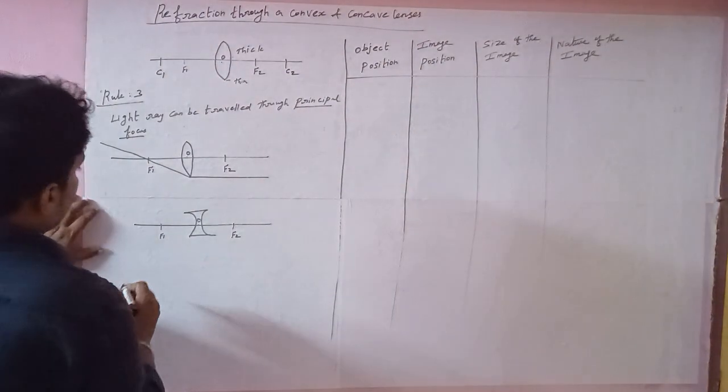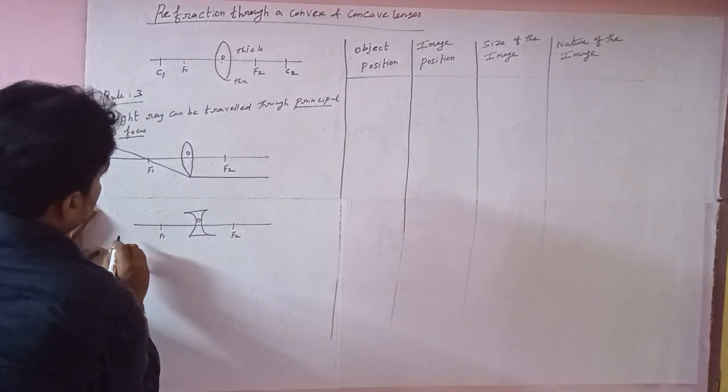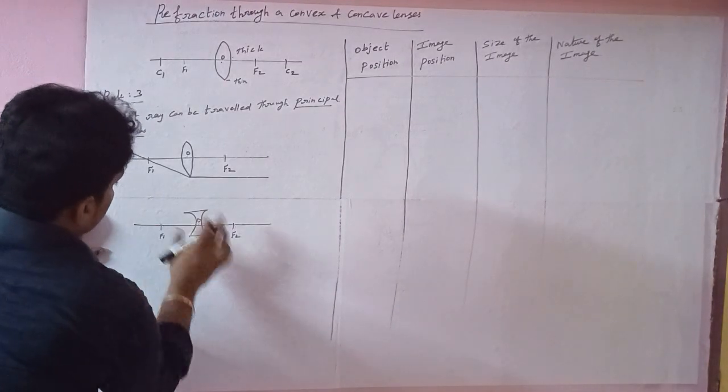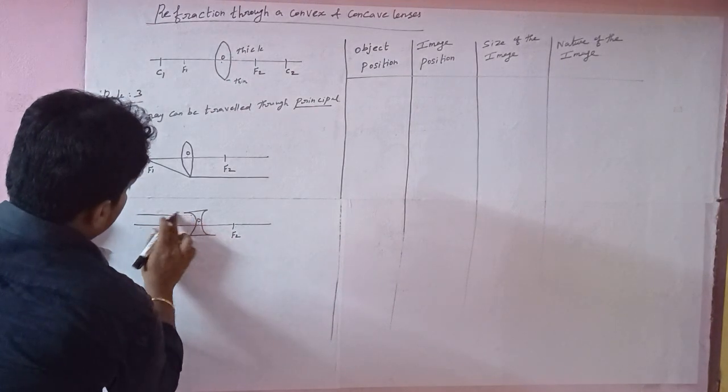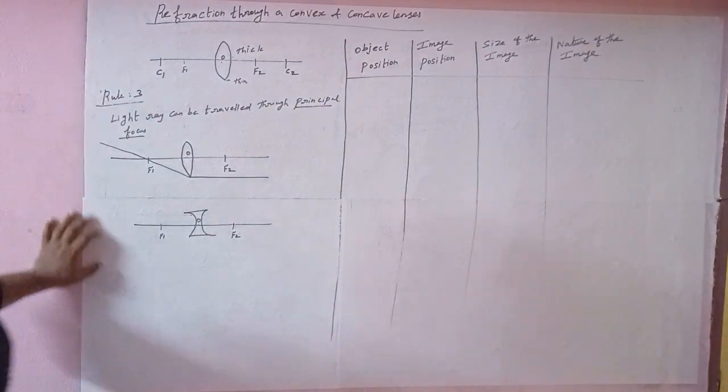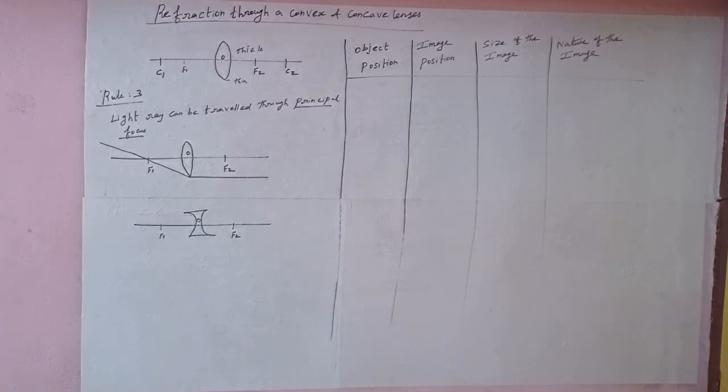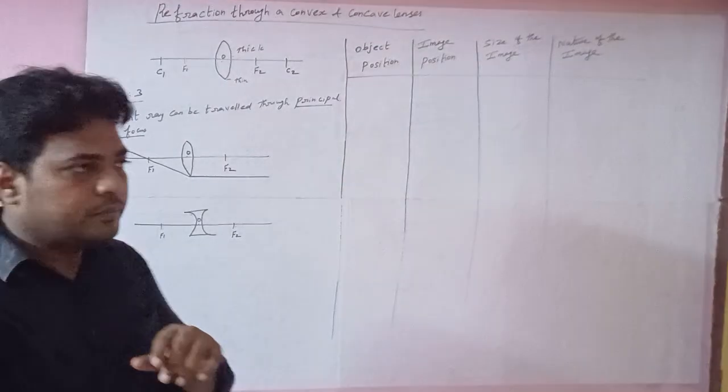Listen here. This is the concave lens. The light ray can travel parallel to the principal axis. Sorry.